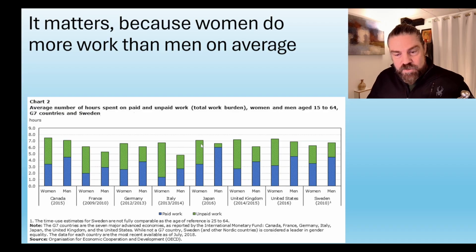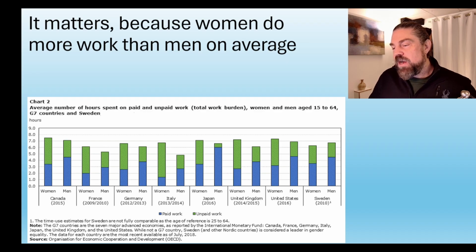Japan, same thing. Women work more than men, and most of it is unpaid. The United Kingdom, women work more than men. It's mostly unpaid. United States, we've already discussed. It's the same as Canada. Sweden, this is where something gets interesting. Women in Sweden actually work less than men.